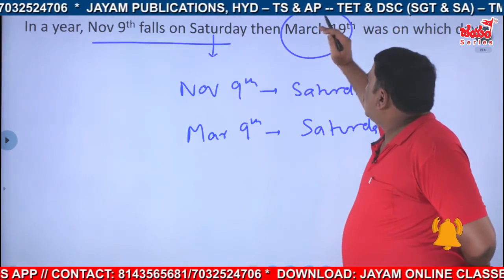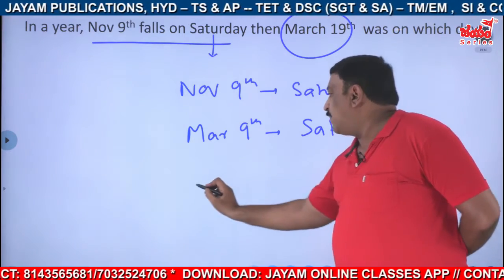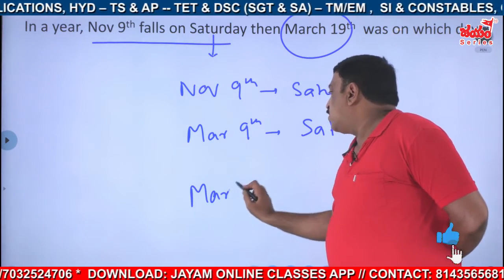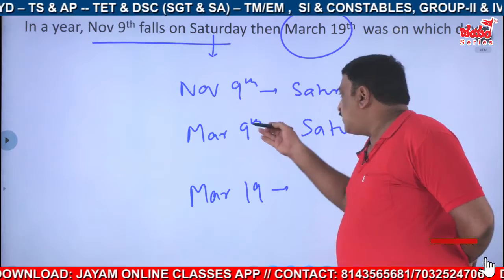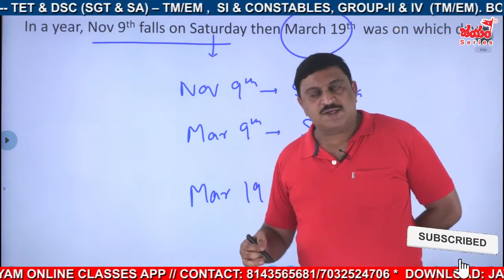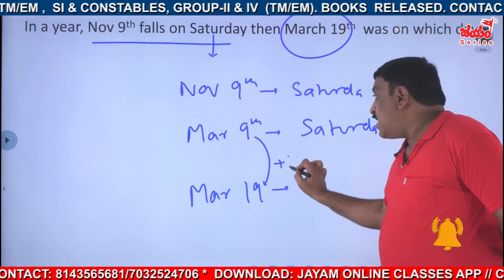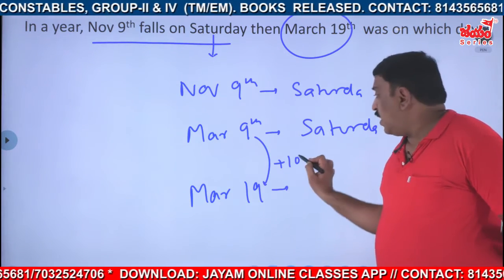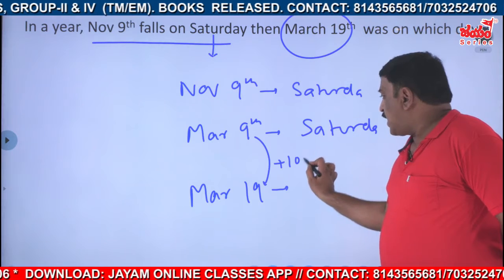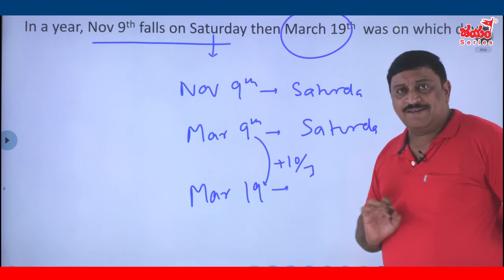But here, once you learn that, March 19th: I need from March 9th to March 19th, how many days after? You have to add 10 days to get the answer. 10 days means 10 divided by 7, that is 3.